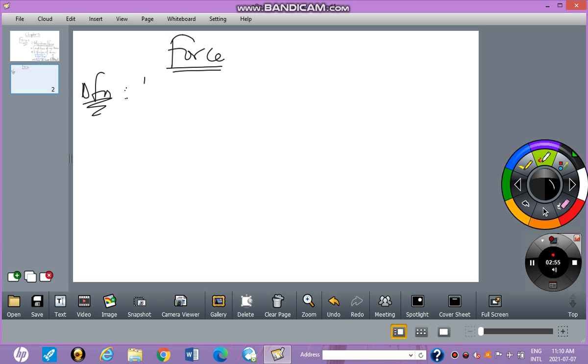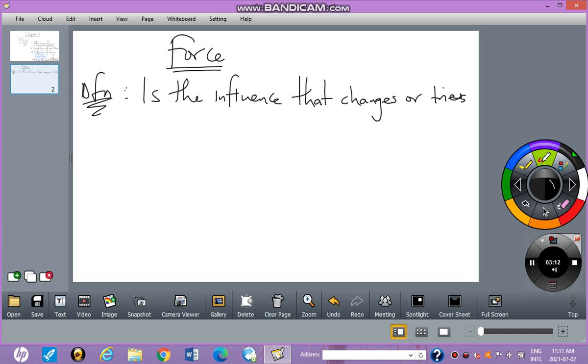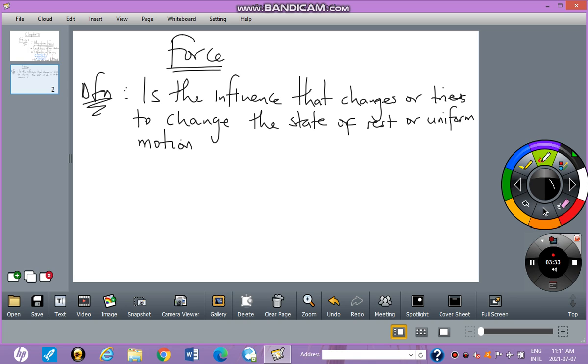So we said force is the influence that changes or tries to change the state of rest or uniform motion of an object, and this is done in a straight line.